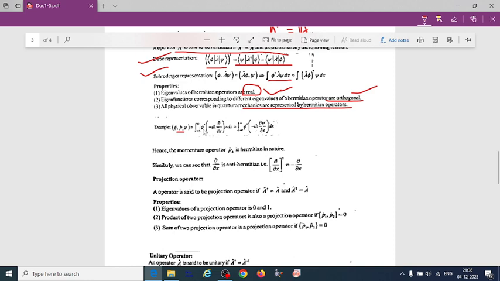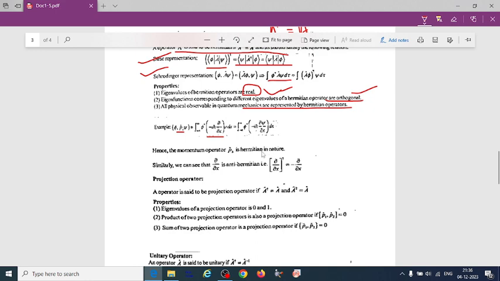Minus infinity to plus infinity, phi star minus I h cross. What is the operator for momentum here? Minus I h cross dou by dou x psi dx. Then integrate this, minus infinity to plus infinity, phi star minus I h cross dou psi by dou x into dx.